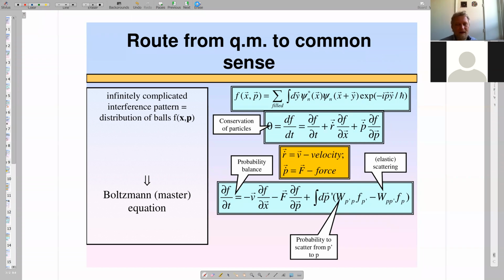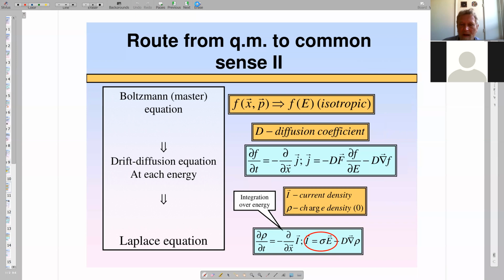Thank you. We are at the stage of the Boltzmann equation. It is rather complex. We would like to simplify it a bit. And that will work if one considers scales at which electrons have already collided with impurities many times.